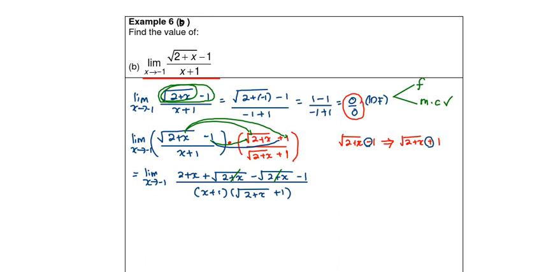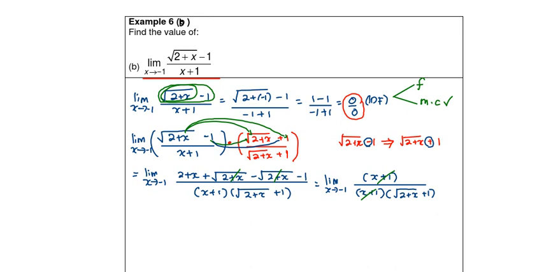Equal to limit x approaches -1, x plus 1 over x plus 1 times square root 2 plus x plus 1. And then we can simplify x plus 1 with x plus 1.